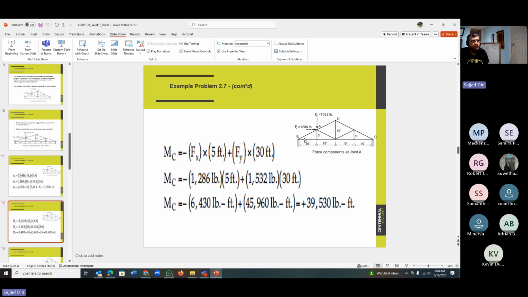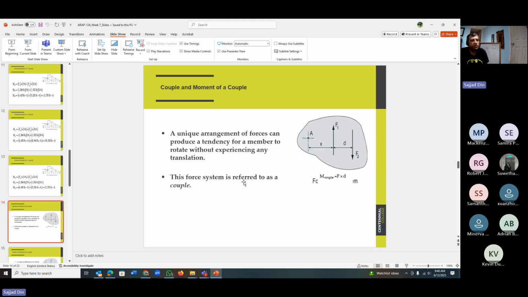And you end up with Fx, which is going to be clockwise now. So it's not going to be counterclockwise, it's going to be negative. So minus Fx times 5 plus Fy times 30. This gives you, once you run through the calculation, essentially all you need to calculate.